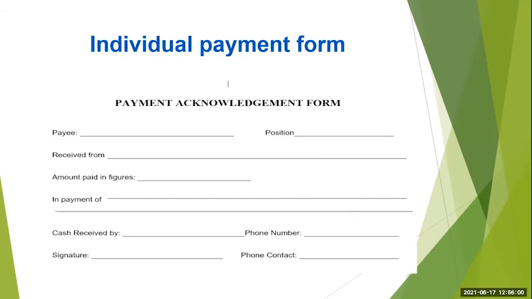There's also an individual payment form, but this one has the same details that we've discussed. So in case you're making individual payments, make sure that some details are captured so as to avoid queries.